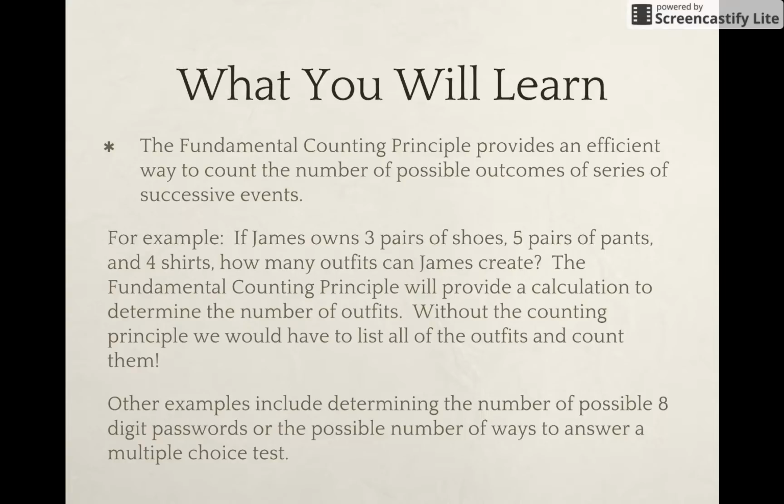We might be interested in knowing how many outfits James can create using those clothing items. Well, the fundamental counting principle provides us with a way to calculate that efficiently without having to go through and list all of the possible outcomes. We have a quick way of counting all these outcomes.